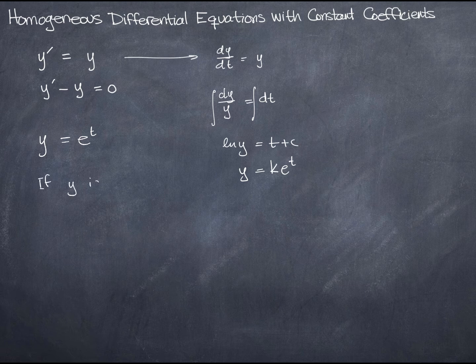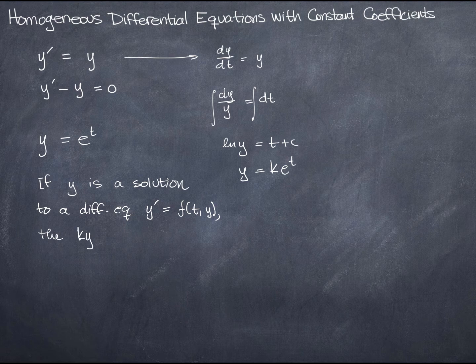And in fact, once we have a solution to a differential equation, I'll write it like this. If y is a solution to a differential equation such as y prime equals f of t, y, then ky is also a solution for any k that's a real number.